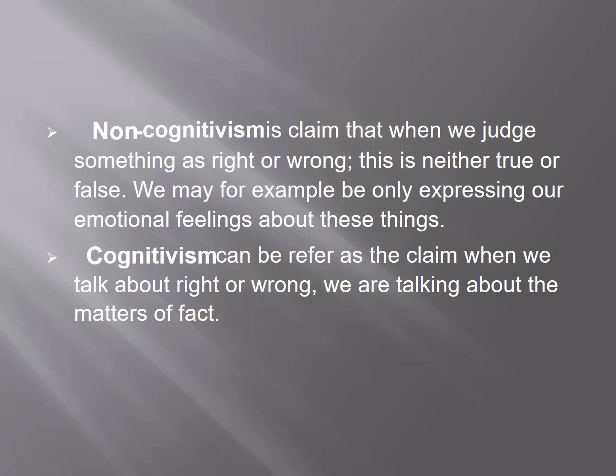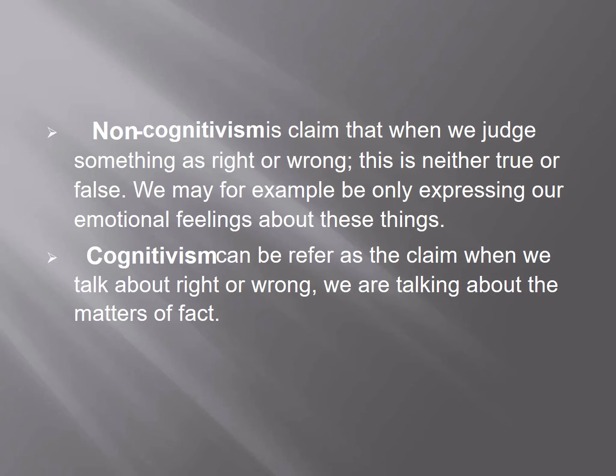Cognitivism is referred to as the claim that when we talk about right or wrong, we are talking about matters of fact. This is cognitivism's claim about ethics as a whole, that the concept of right and wrong and the concept of good character and bad character is universal.